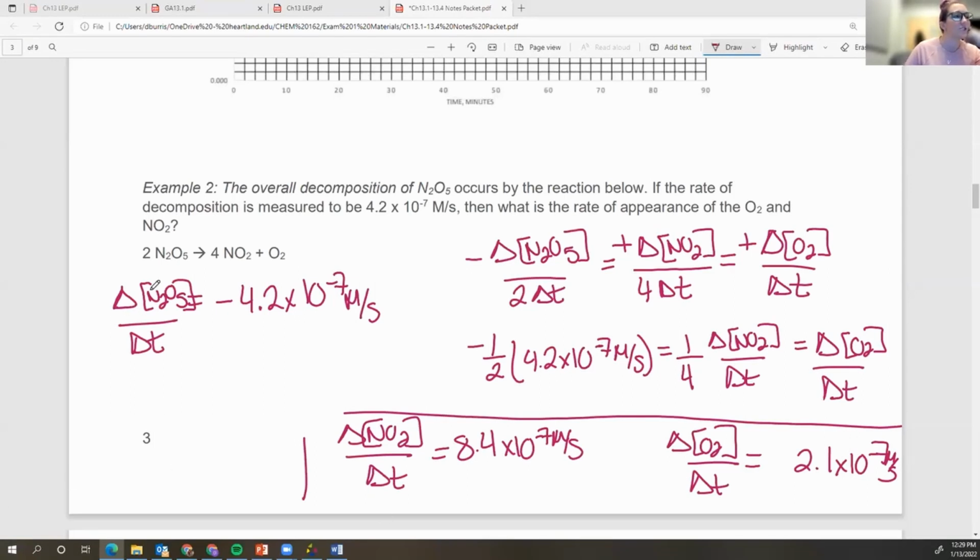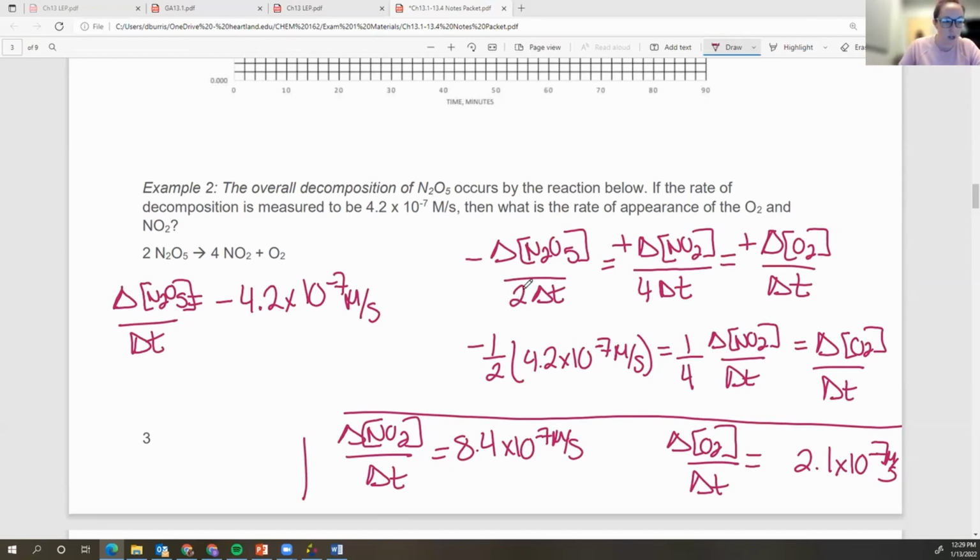So I know that the change in N2O5 over change in time, so the rate of this one, is negative 4.2 times 10 to the negative 7th. I said it was decomposing at this rate. It says, what is the rate of appearance of O2 and NO2? Well, remember, they're stoichiometric. So what I did is I actually wrote out this equation here that incorporates the coefficients, right?